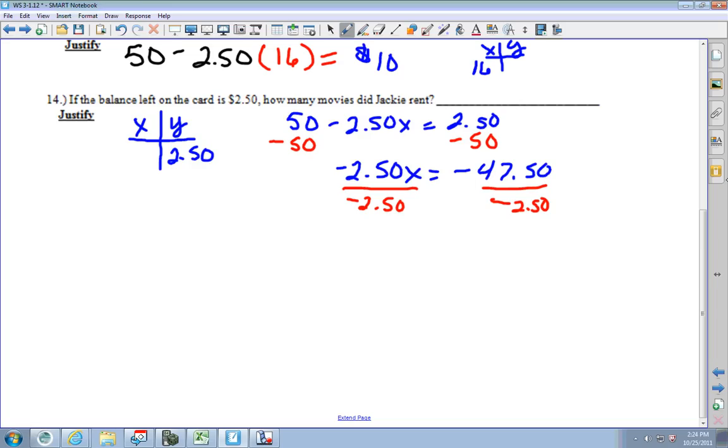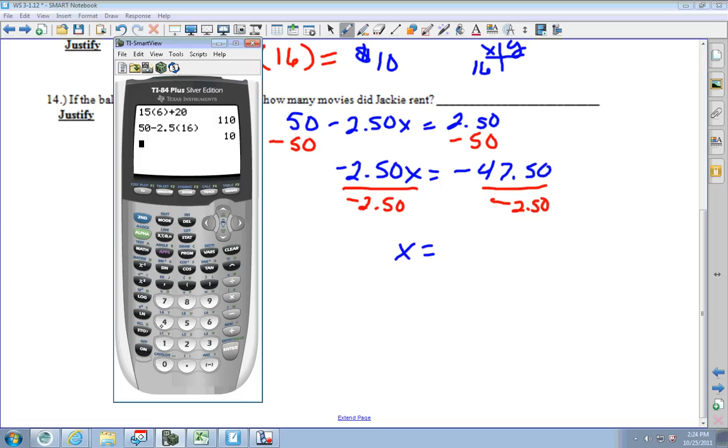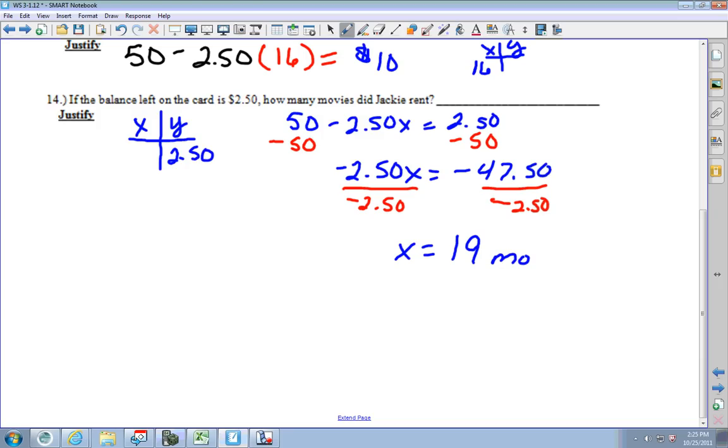I would get x equals, well, let's go try this. Negative 47.50 divided by negative 2.50. Enter. So she rented 19 movies.